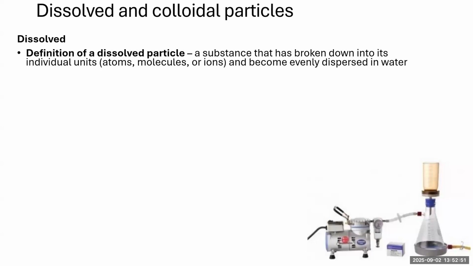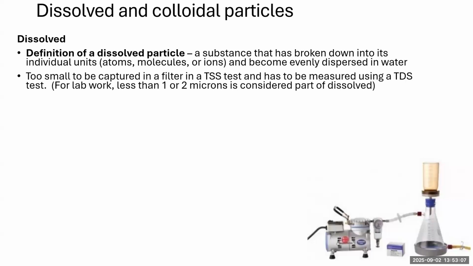Like salt, for example, there's a bunch of salt ions that are dispersed in the water when you dissolve salt in water. They're not a particulate necessarily that is considered a solid. They're dissolved, they're in ionic form.